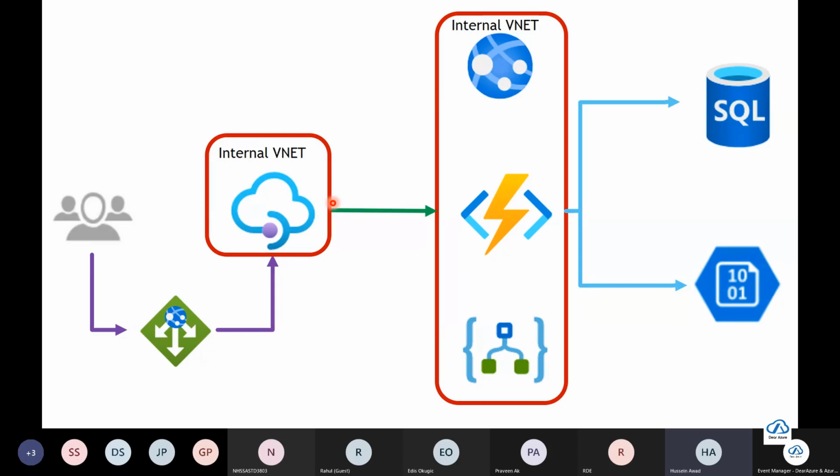The access restriction policies are going to restrict the application layer services to accept traffic only from the API management. Similarly, the API management is going to accept traffic only coming from the application gateway. If a client could reach the API management and send a request directly, it won't be accepted.